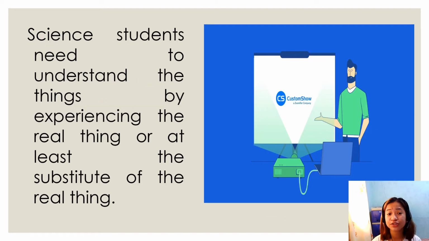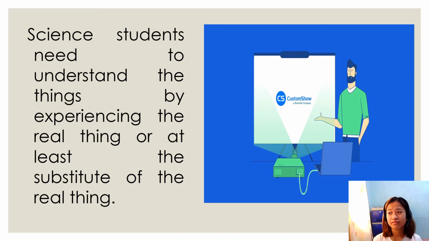Science students need to understand things by experiencing the real thing, or at least the substitute of the real thing. So this is one of the purposes of the instructional materials or the realia that you are going to use. Science students, or most of the students, learn more when they can see or hear the things that you are discussing.